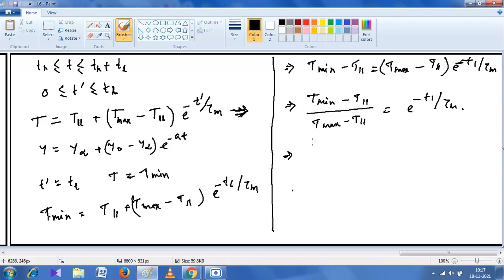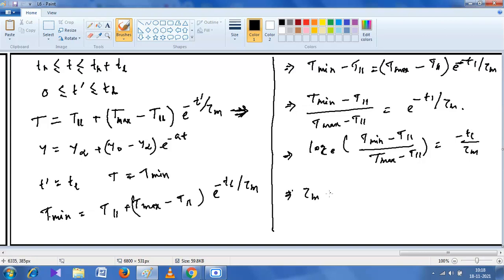So after taking log on both sides, log of T min minus TLL by T max minus TLL equals minus TL by tau m. So what should be the value of tau m?